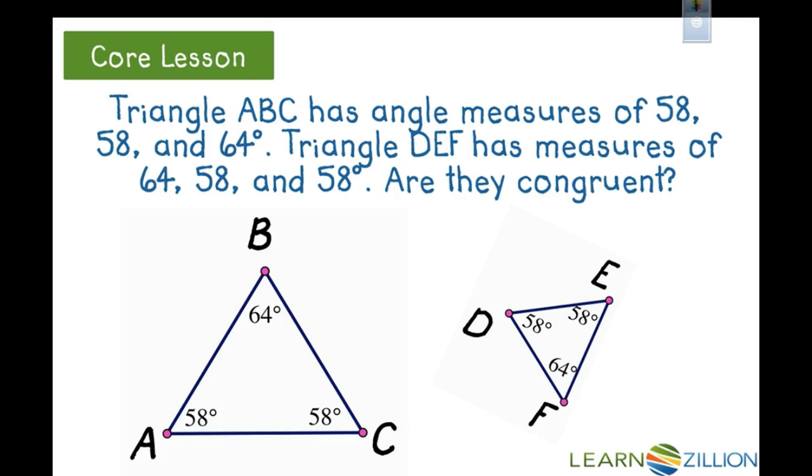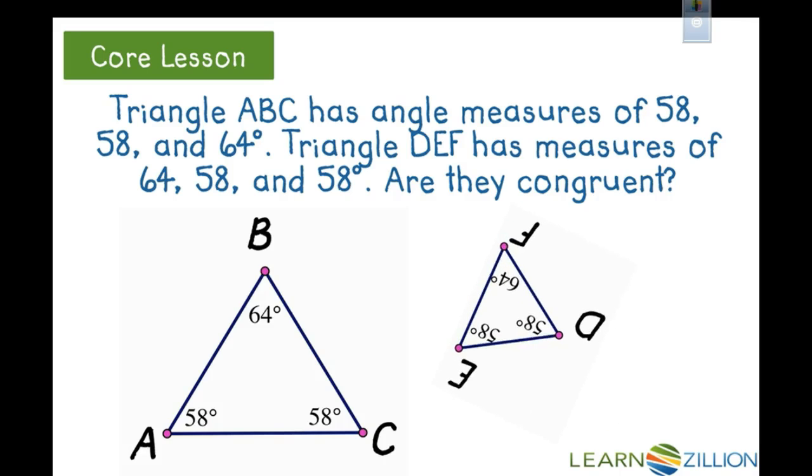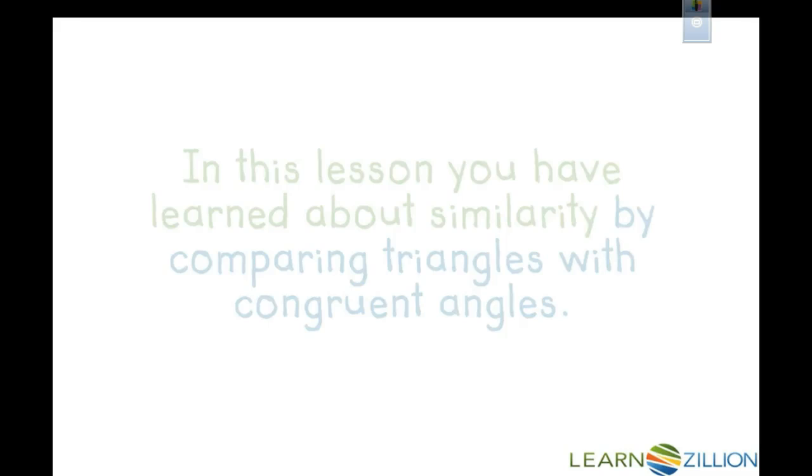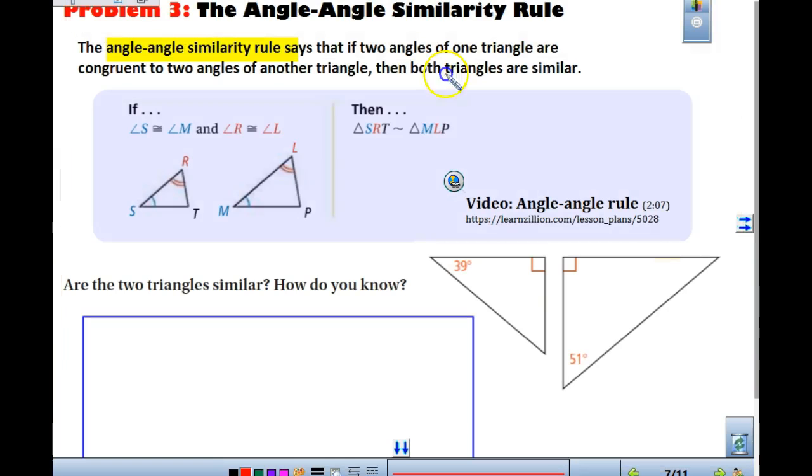Also, the order of the angles does not matter because we could always rotate or flip the triangle to make them match up. But remember, we also could have drawn them as congruent triangles. So the answer to the question is that there is not enough information given to have an answer of yes or no. In this lesson, you have learned about similarity by comparing triangles with congruent angles.